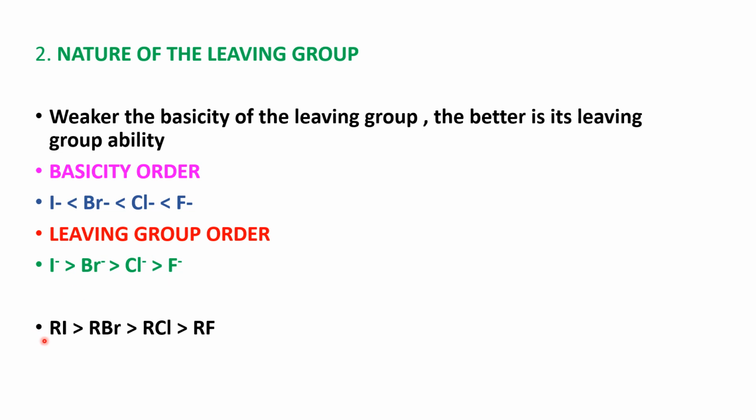Therefore, the alkyl halides undergo SN2 reaction fastest in the order RI greater than RBr greater than RCl greater than RF.